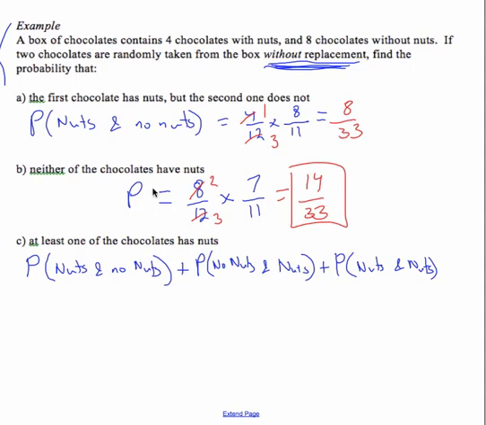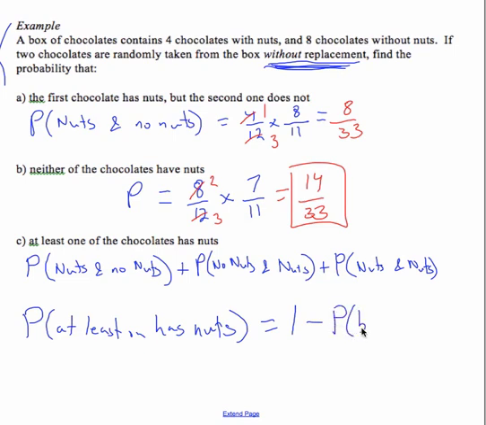But here's another thing we can do, a little bit easier. The probability that at least one has nuts is equal to 1 minus the probability that both have no nuts. Okay? Because those are complementary events. They have to add up to 1, right? There's only 2 possibilities. Either both of them have no nuts, or at least one of them has nuts.